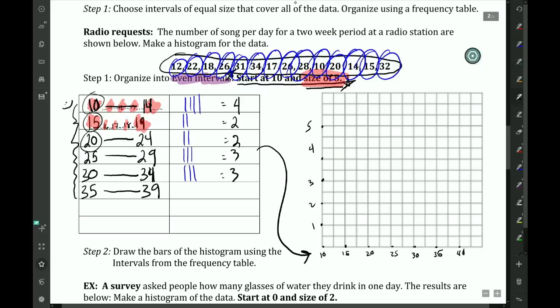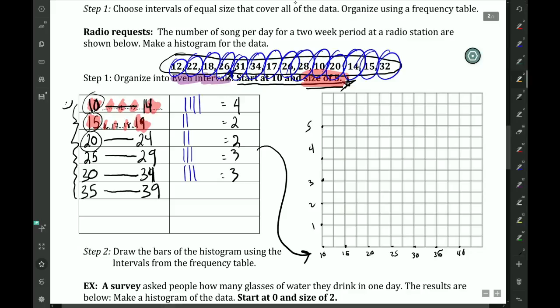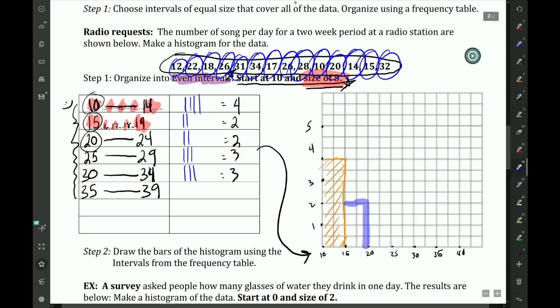But anyway, let's look between 10 and 14. I have 4. So this is our 4 here. Between 10 and 15, there is four. Okay, pretty easy from there. 2 things from 15 to 20.